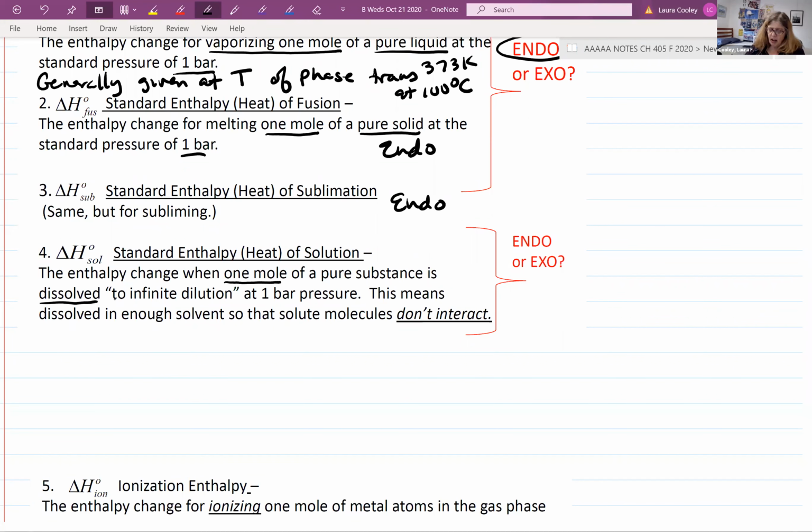You actually have to dissolve it in enough solvent so the solute molecules don't interact. So the way to make sure you've done that, which we didn't do, by the way, when we did the enthalpy lab, well, we weren't finding a heat of solution there. Here we were.